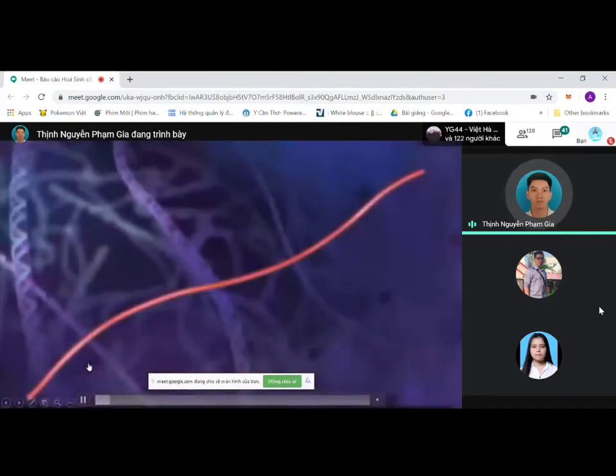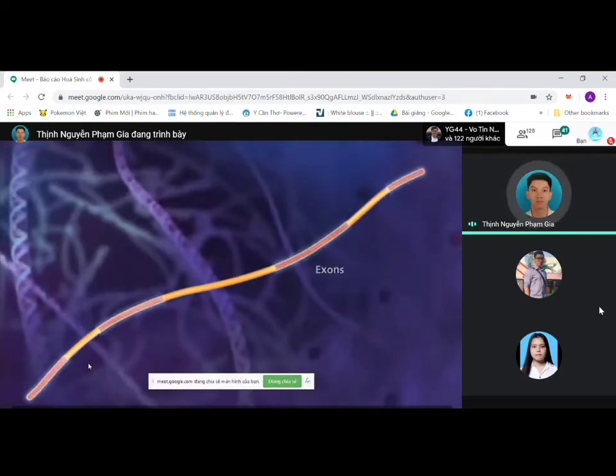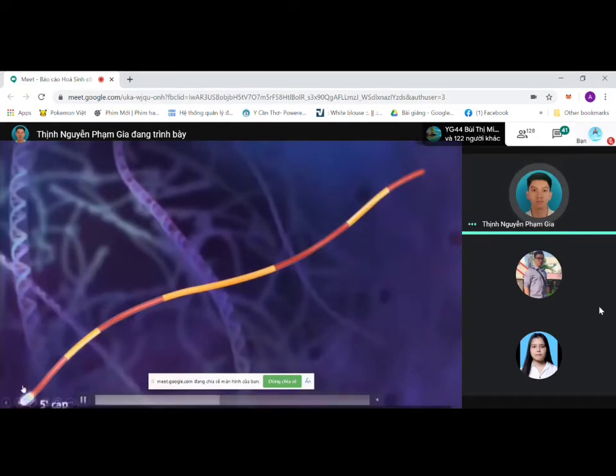In eukaryotes, the pre-mRNA has many introns and exons. The mRNA will be added a 5' cap at the beginning and a 3' poly-A tail at the end.